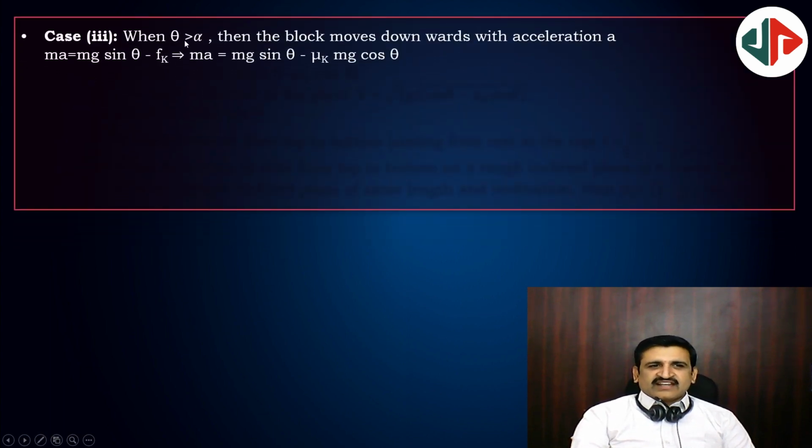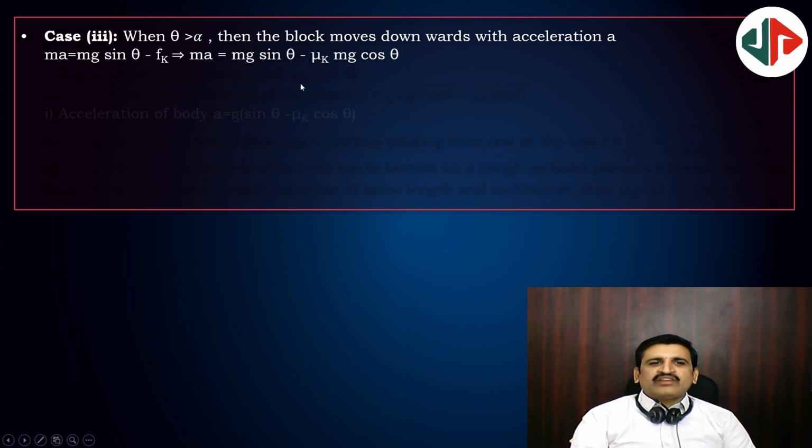If theta is greater than alpha, the block moves downwards, and the acceleration a is as follows. Net force is mg sin theta minus mu k mg cos theta. Mg sin theta is the applied downward force. Mu k mg cos theta is the friction, mu N. Applied force minus frictional force is ma.